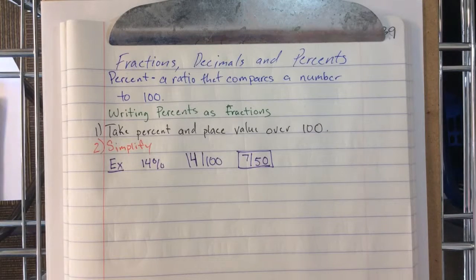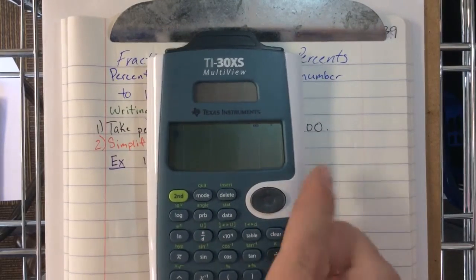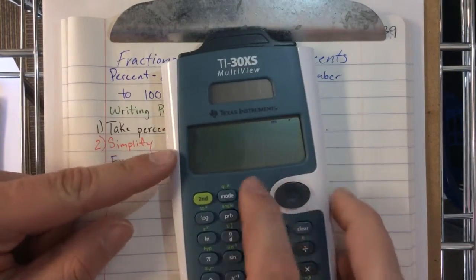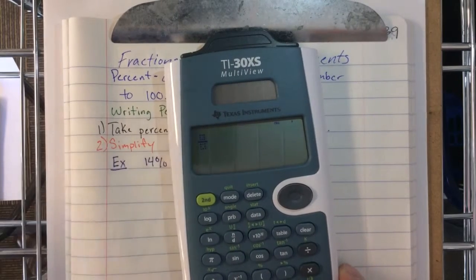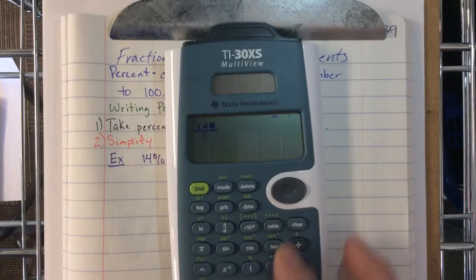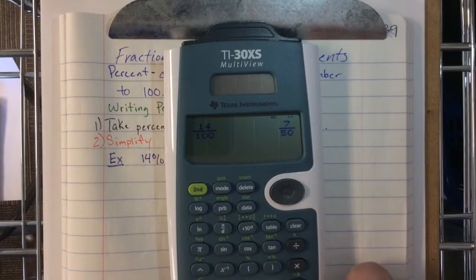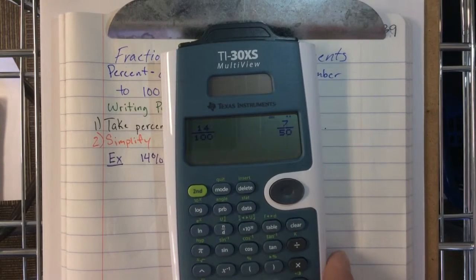On your calculators under your desk, do we all know about the N over D button? So just a reminder, we have 14 over 100. We have our N over D button, and that'll simplify it to 7 over 50.